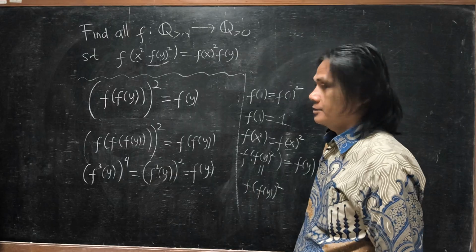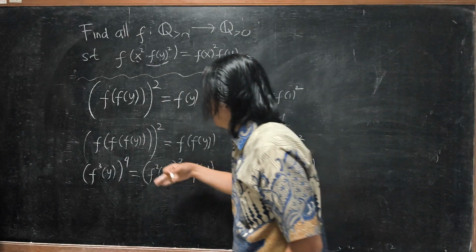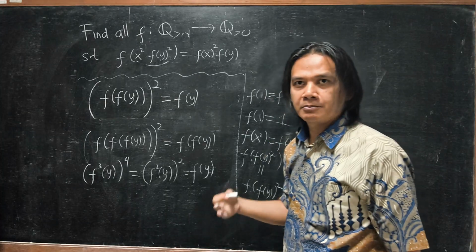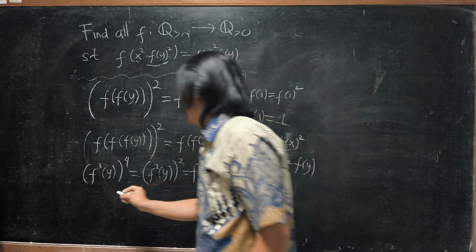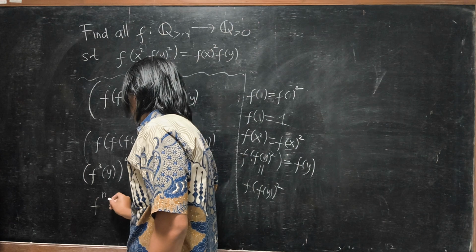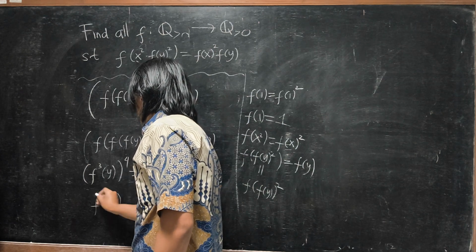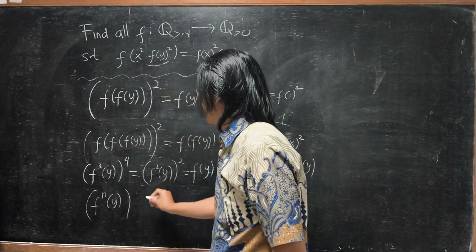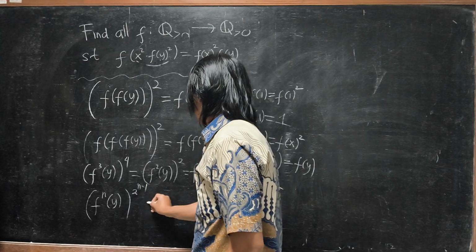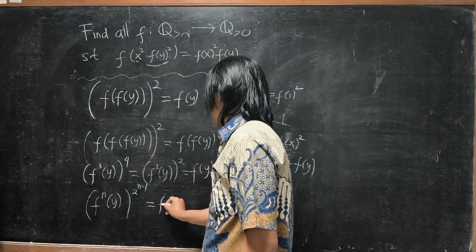Now you can do the same trick here, and you can prove by induction that f of y to the power of 2 to the n minus 1 is equal to f of y.